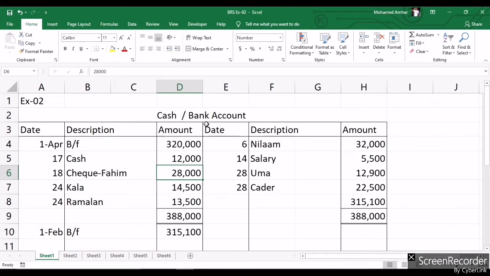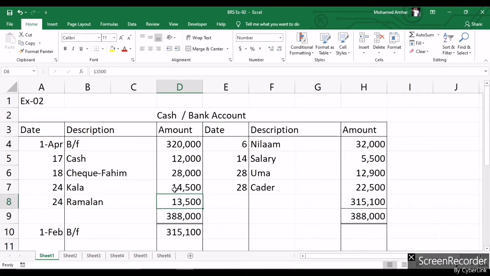So see in the cash book, on 24th, Kala's check 14,500 and on 24th Ramalan's check 13,500 were debited. Right.